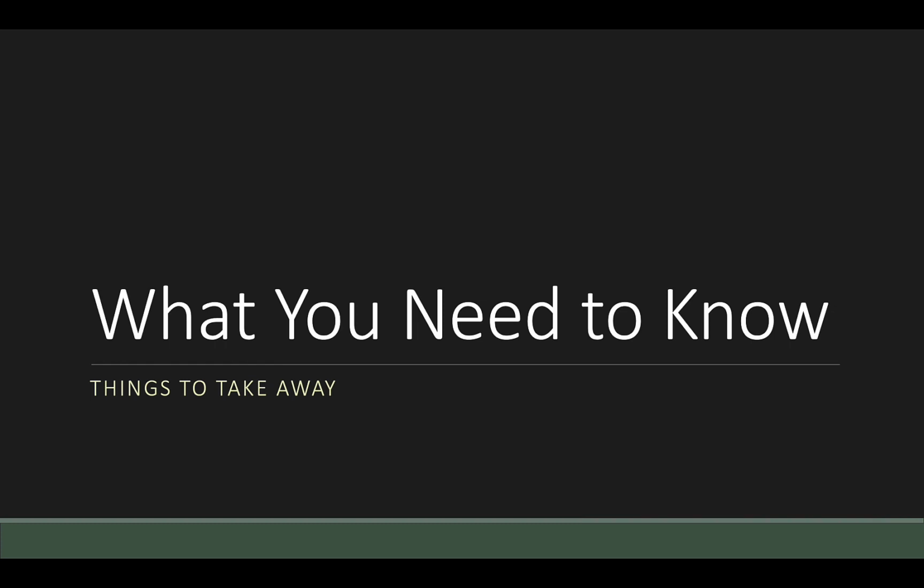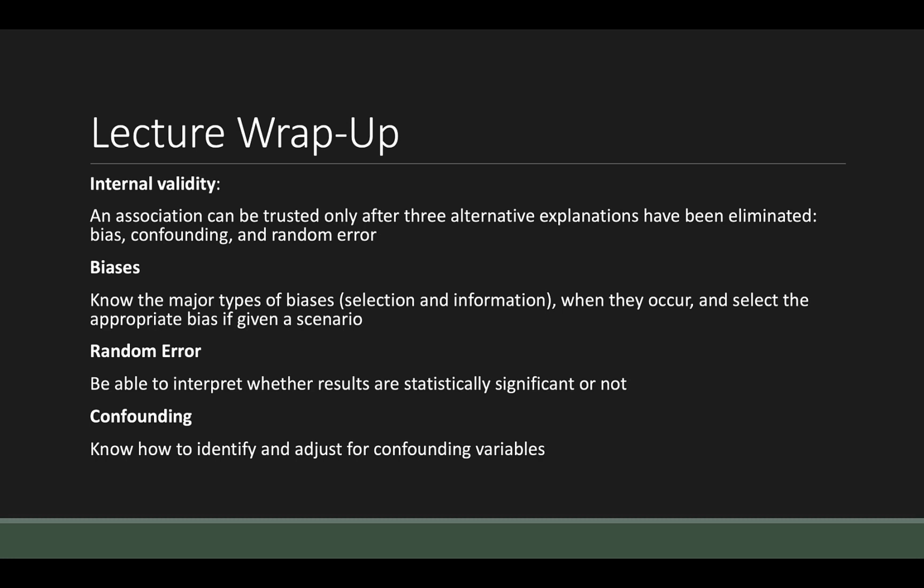So let's talk about what you need to take away from this lecture in order to study for the upcoming quiz. Now, I understand that this lecture contained material that is maybe more abstract and challenging compared to previous lectures. But these are the things that you should definitely be able to do for the upcoming quiz. 1, you should know what internal validity is and the 3 main explanations that we've discussed that cause your internal validity to decrease, which is bias, confounding, and random error.